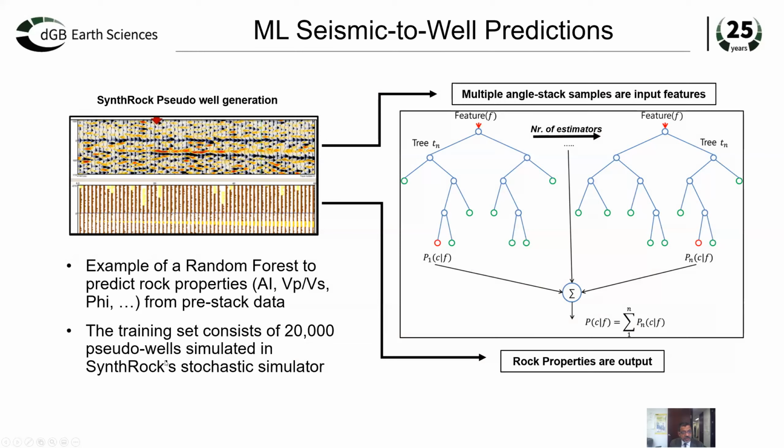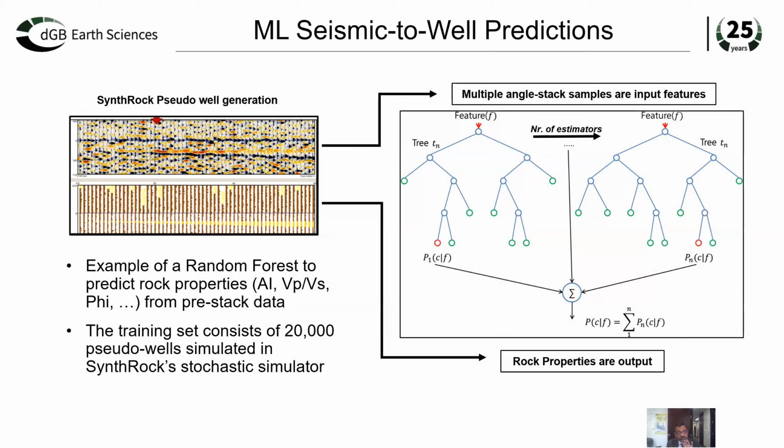We created pseudo wells, simulated from the Synthrox stochastic simulator, to create 20,000 pseudo wells. Now using those pseudo wells and the random forest machine learning method, we end up with the results.